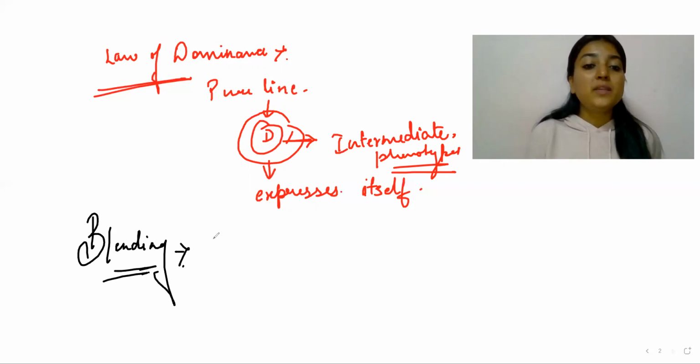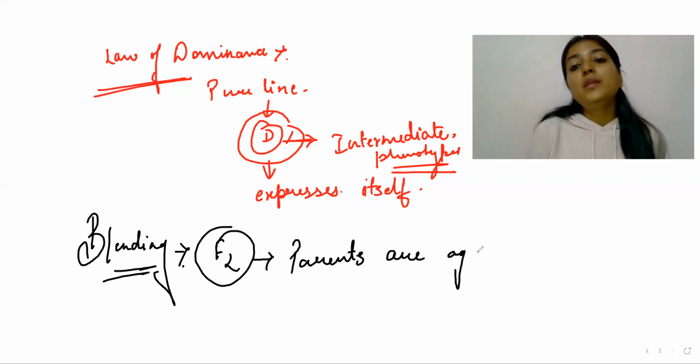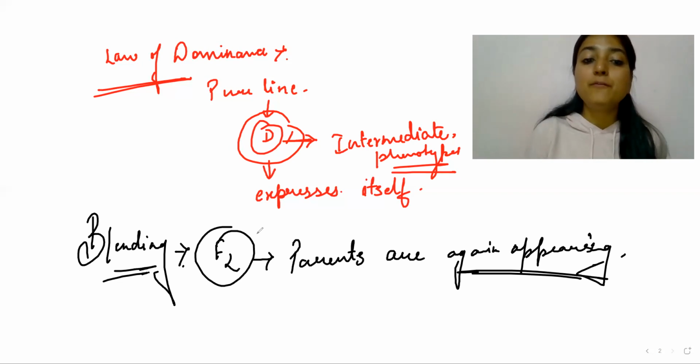Blending is not happening here because in the F2 generation, the parents are again recovered, or you can say they appear again. So parents are again appearing in the F2 generation. That's why you cannot use the term blending.